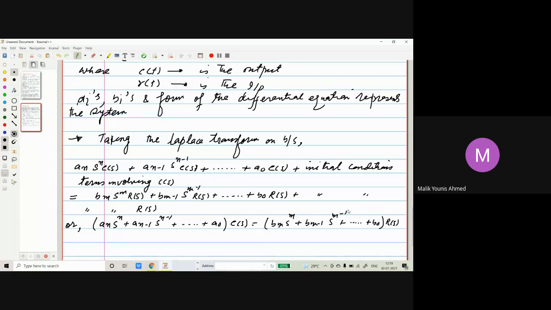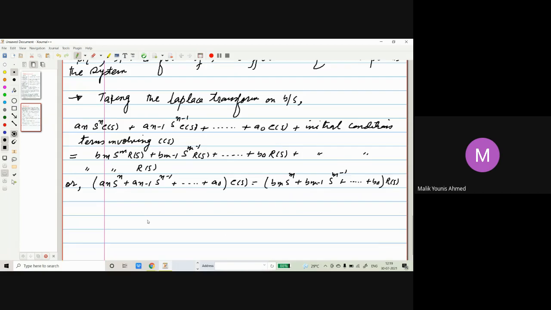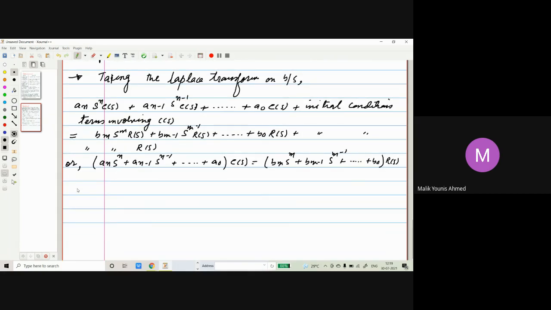So what is the definition? The ratio of the Laplace transform of output divided by the Laplace transform of input. So by definition, the ratio of output transform, you can write transform itself only, no need to write Laplace transform.